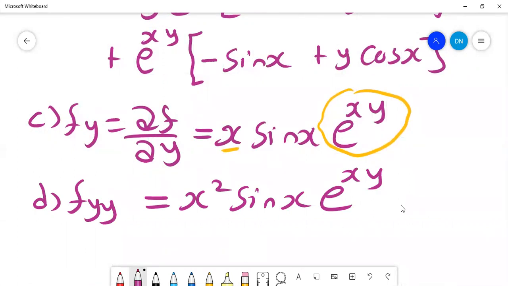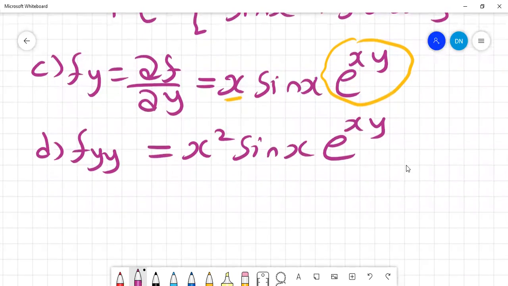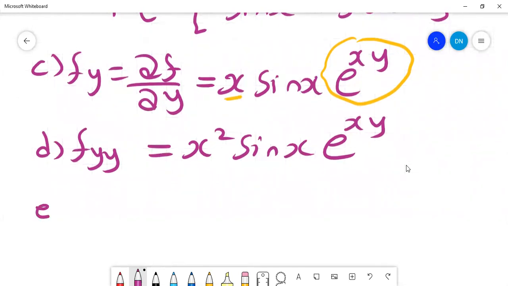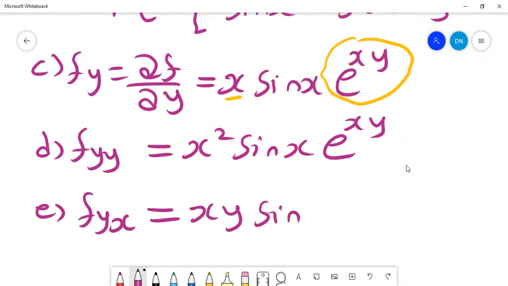And I could also get the derivative of f of y and then x. That is, I take equation C and now differentiate with respect to x. I'll get the mixed derivative with the exponential e raised to the power xy.